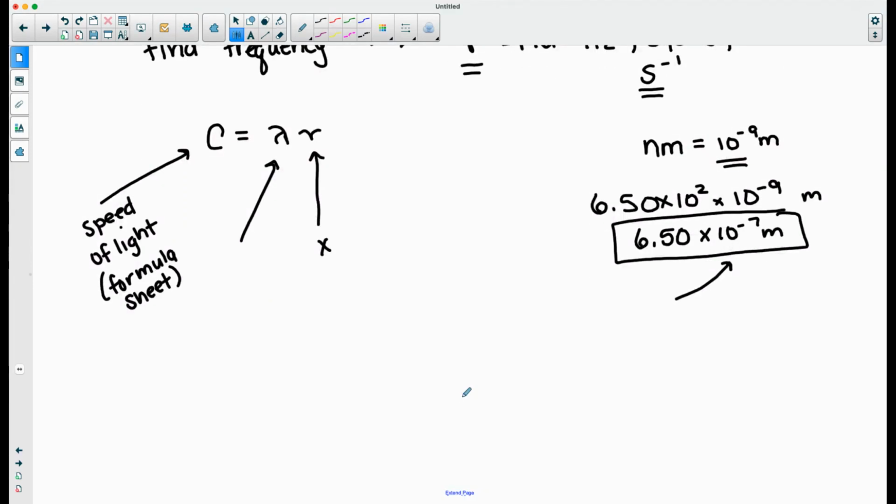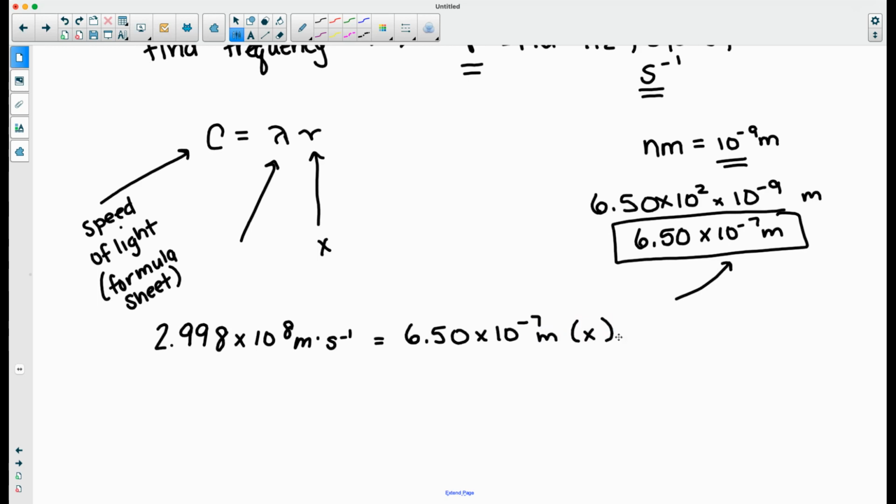So hopefully you have found the speed of light on your formula sheet, and it says 2.998 times 10 to the 8th meters times seconds to the -1 equals 6.50 times 10 to the -7 meters times x.